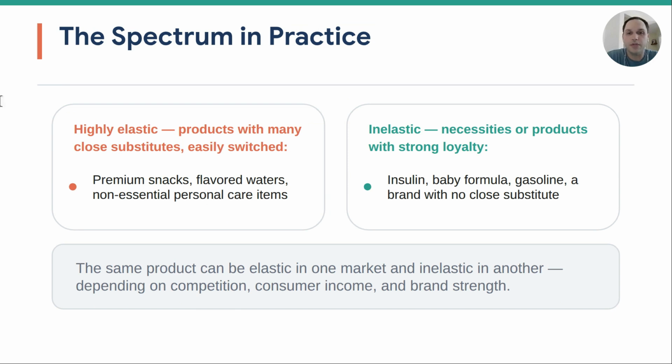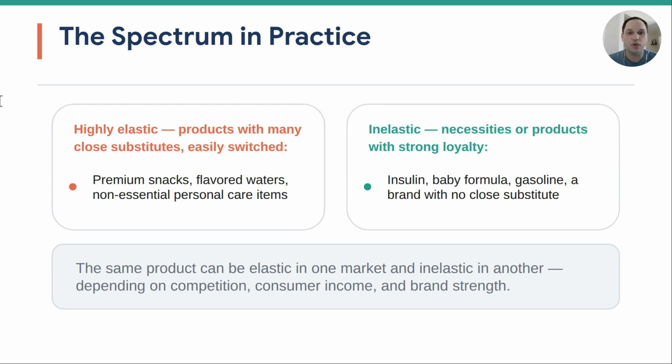To make this spectrum intuitive, let's look at real examples on both ends. Highly elastic products, things with many close substitutes where switching is easy, include premium snacks, flavored waters, and non-essential personal care items. Raise the price meaningfully and consumers find something else. Highly inelastic products, necessities, or things with no close substitute include insulin, baby formula, and gasoline.